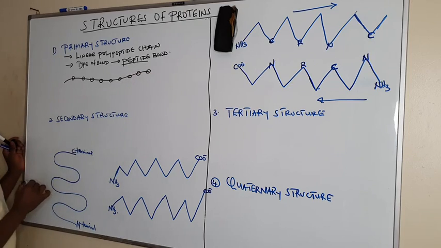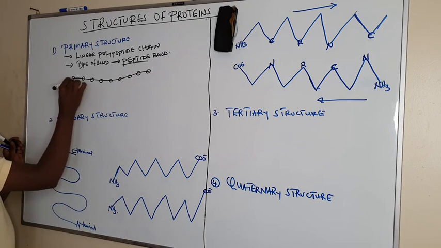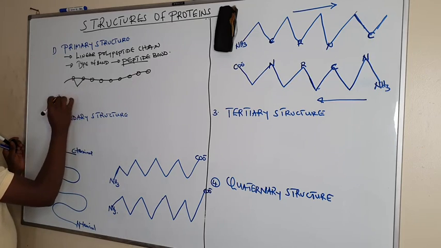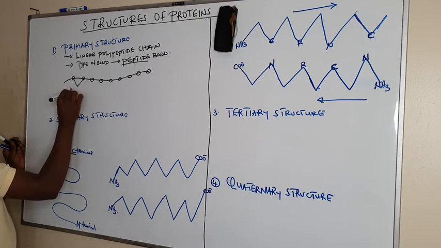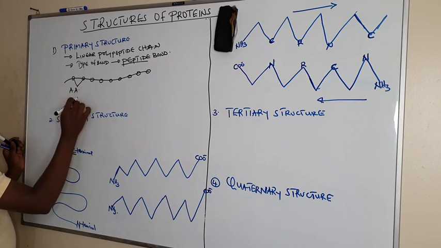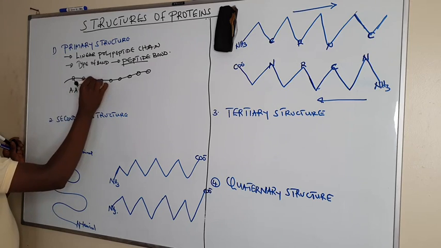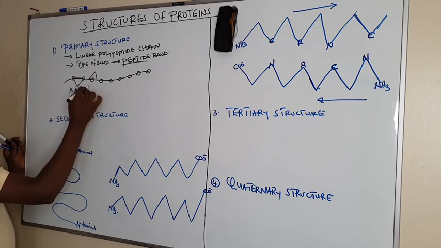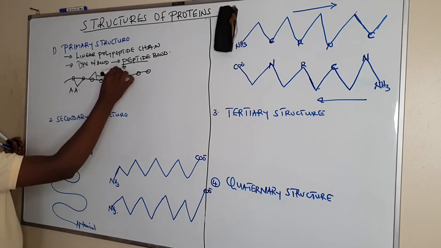These are the amino acids on this chain, and the bond that is joining them is what we call the peptide bond.